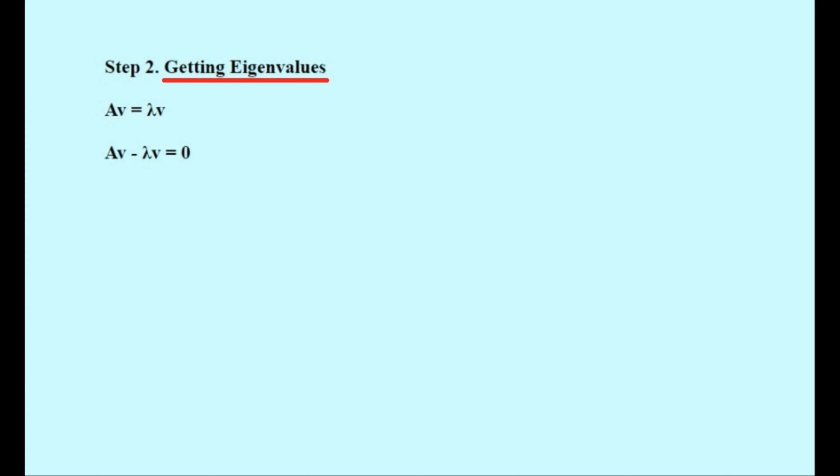Supposing that V is the eigenvector corresponding to the eigenvalue called lambda, then multiplying this vector by its eigenvalue is equal to multiplying it by its matrix. Then we could manipulate this equation to look like this, so that the right-hand side is 0. Then we would factorize it like this.